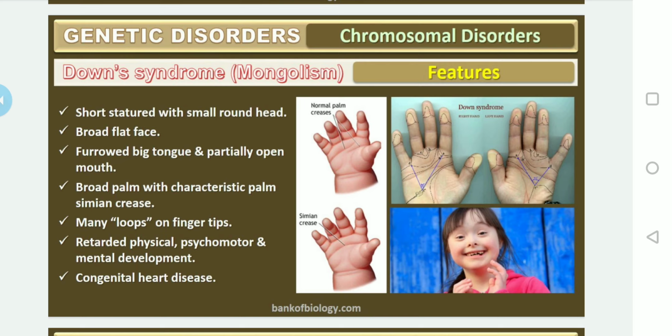Short stature with small round head, broad flat face, furrowed big tongue and partially open mouth, broad palm with the characteristic palmar crease, the simian crease, many loops on the fingertips, then retarded physical, psychomotor and mental development, and congenital heart disease also. So these are all the characters, the symptoms of Down syndrome. Based on this, they can be identified as Down syndrome.